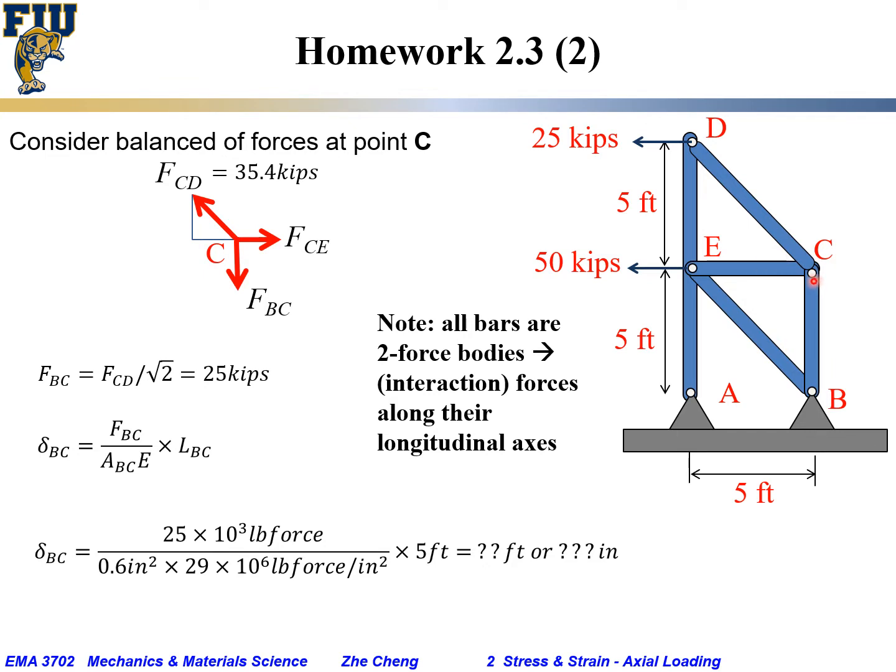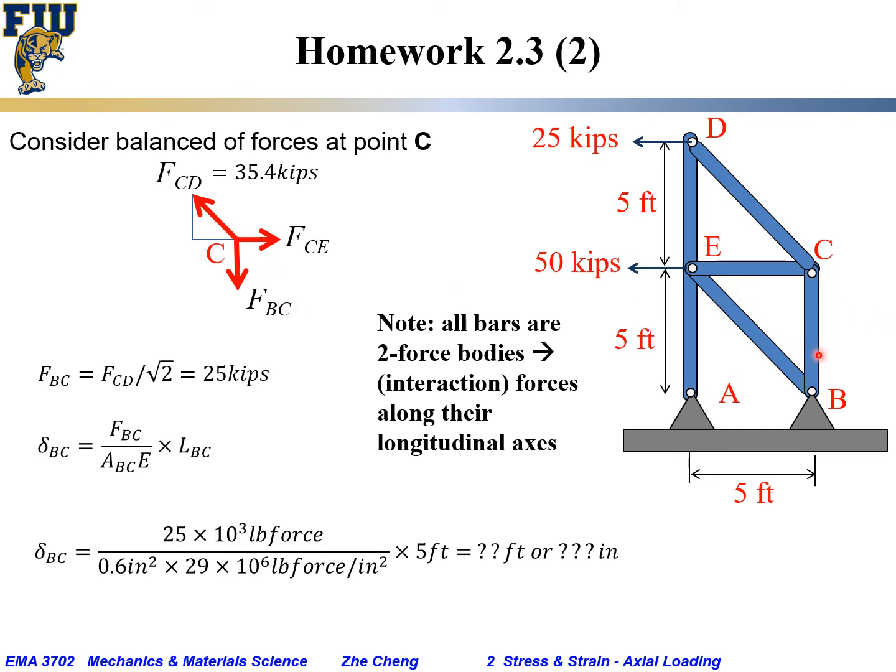Similarly, FBC would be the force exerted by the BC rod on the pin C, and FCE would be by the rod CE on the pin C. We know in CD that's a tensile stress, so it must be pulling C to the upper left, and as a result the FCE must be pushing C towards the right, and because FCD is pulling up, the FBC must be going down.